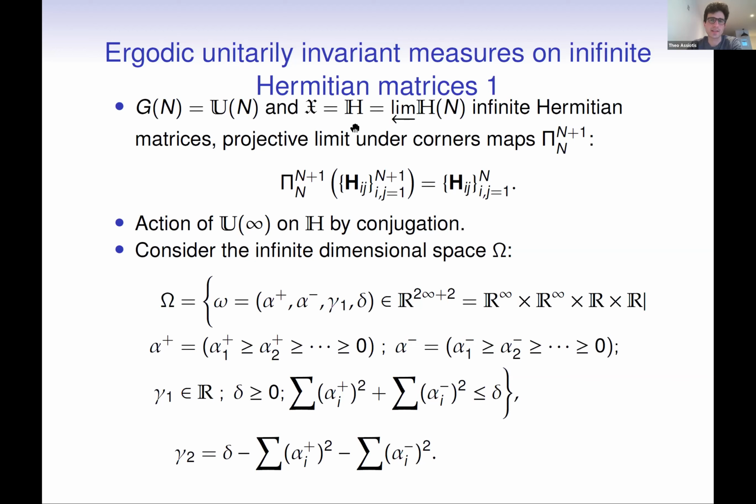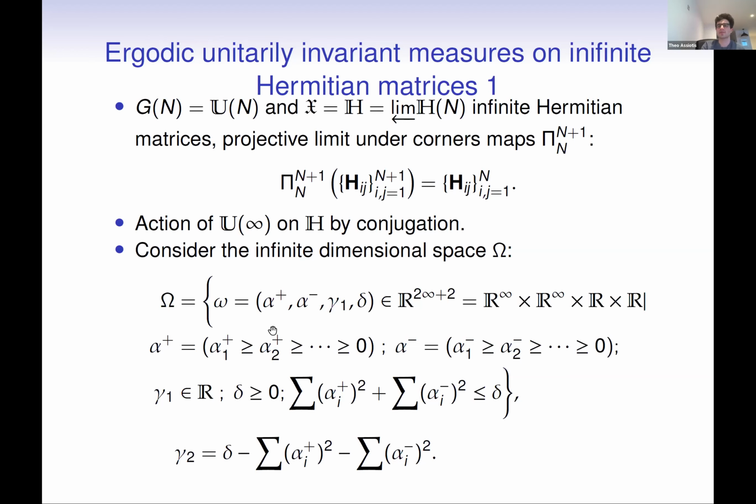And then this thing is acting on Hermitian matrices. Now we're interested in probability measures on infinite Hermitian matrices which are invariant, where the action of U infinity on H by conjugation leaves those probability measures invariant.